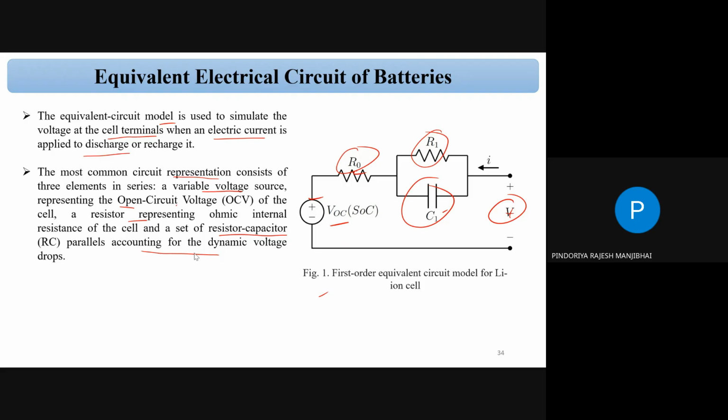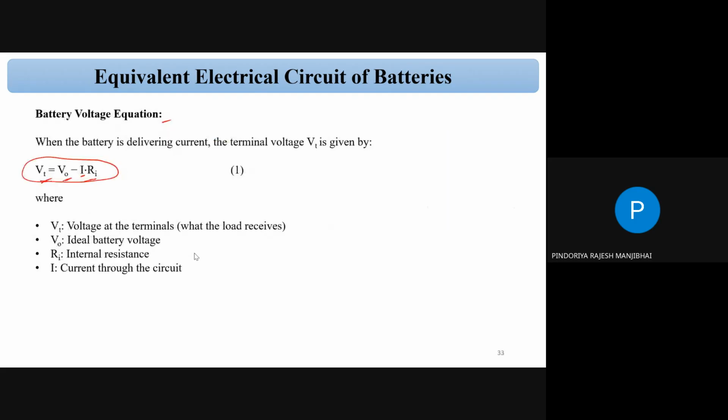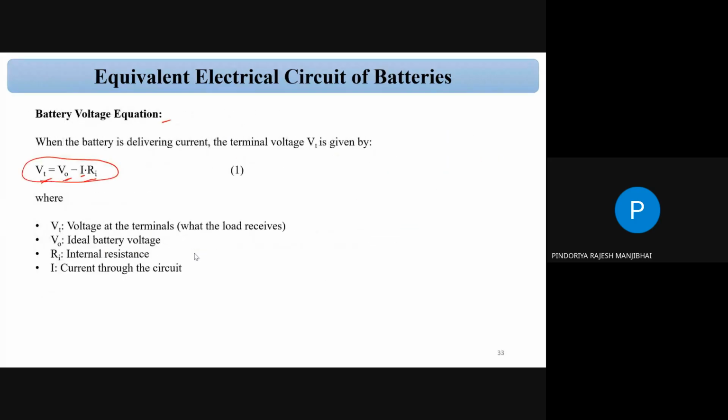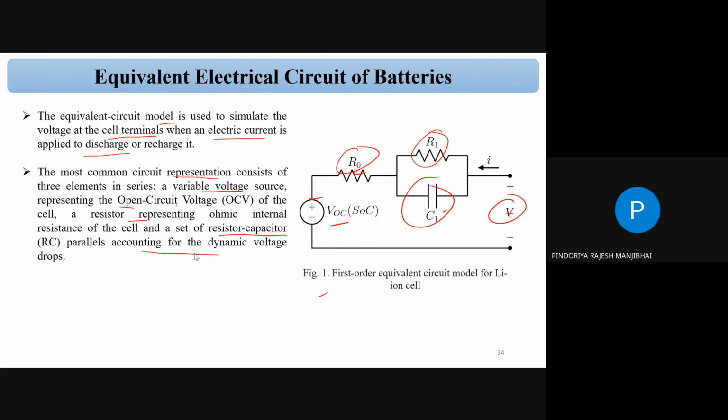That's why we connect R and C in parallel, and that is connected in series, and that's why it is a first order equivalent circuit. Otherwise we can call it the lumped model. So this one is the equivalent circuit for the battery, and this one is the first order equivalent circuit for the battery.